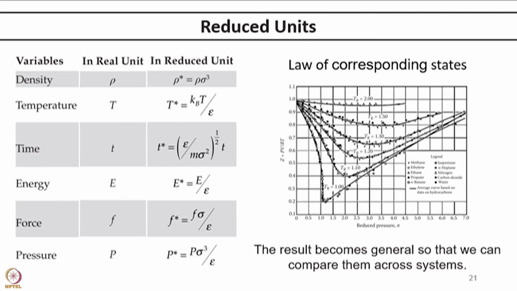Similarly, for methanol it will be different. T star will be different because of the interaction potential epsilon. So it's very important. The dimensionless units, as I discussed, and the law of corresponding states, allow you to explore certain aspects of universality. It is a very important thing.